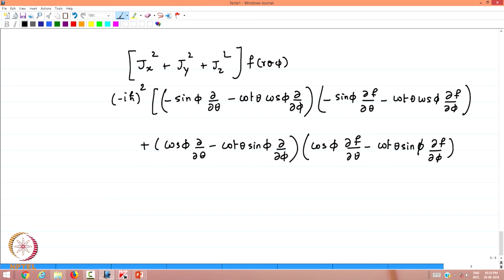And the last one, of course, since you have taken the minus iħ whole squared, is simply ∂²/∂φ² on f.